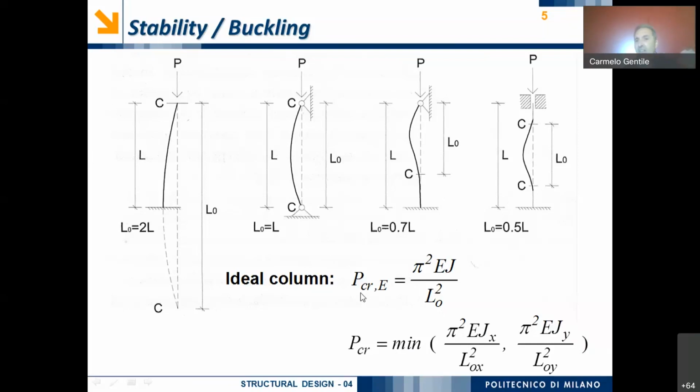Of course, since in a real cross-section we have 2 main planes of behavior, we have 2 different values of the critical loads in the XX plane of the cross-section and also in the YY plane of the cross-section.